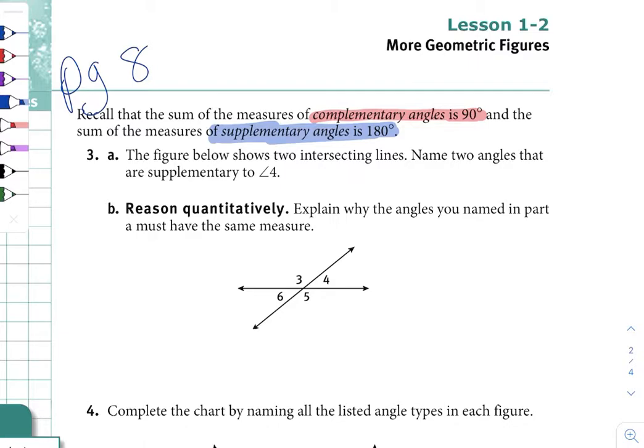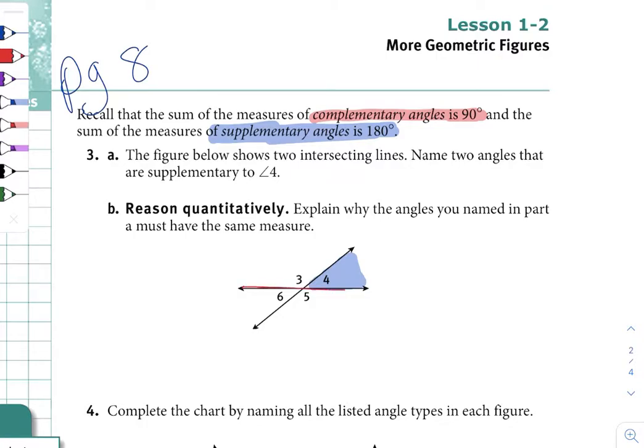It says the figure below shows two intersecting lines. Name two angles that are supplementary to 4. So let's go ahead and highlight 4 just so we're all on the same page about the angle we're looking at. And we want to know angles that are supplementary to it. So what I like to do is find a straight line that includes 4.